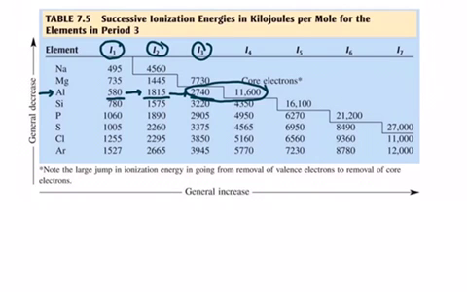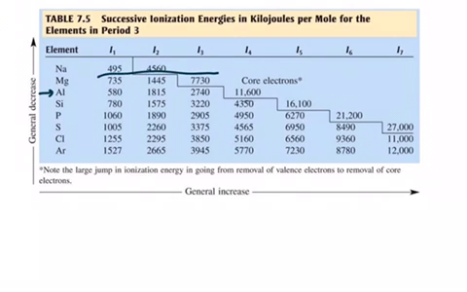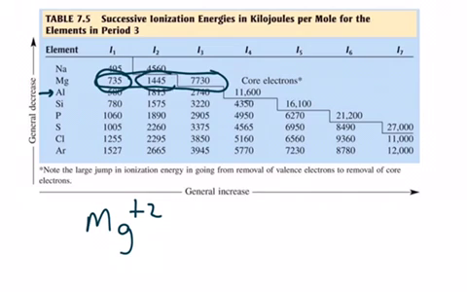Okay? I can show you the same example. If you look here, we can look at magnesium. Notice that magnesium has 2 valence electrons. So when you take away the first valence, it requires 735 kilojoules. When you take the second valence, see how it kind of doubles? 1,445.